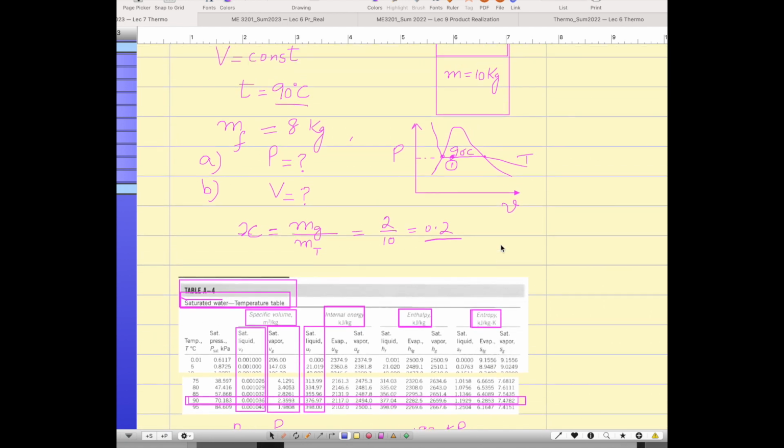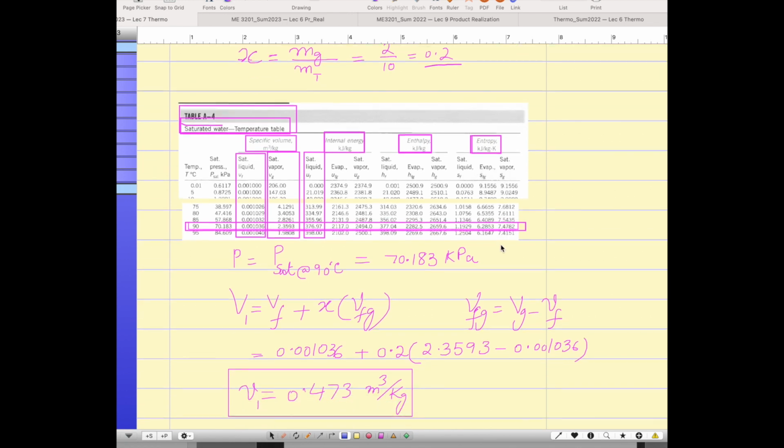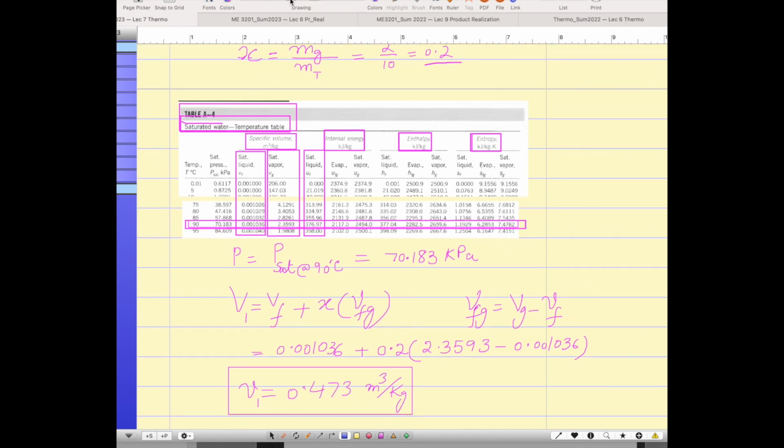Now let me show you over here. I will find the saturation pressure, which is 70.183 kilopascal, as mentioned here. Then there is a formula to find the volume. Remember, the quality means that this is a liquid vapor mixture, and 0.2 is the point near the liquid line, which is x equals 0.2.